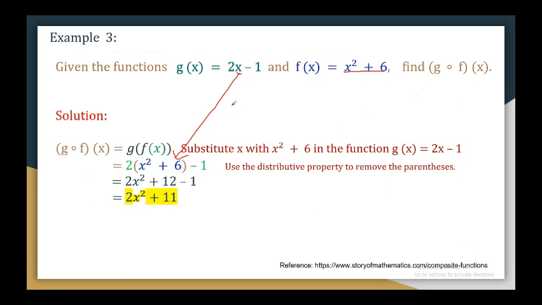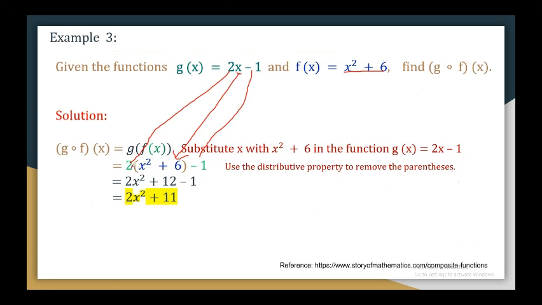Then we have minus 1. Okay, so this is our positive 2. And then our x was replaced by x squared plus 6 because that is the value of our f of x. And then we still have negative 1. So the next step we're going to do is to use the distributive property to remove the parentheses.